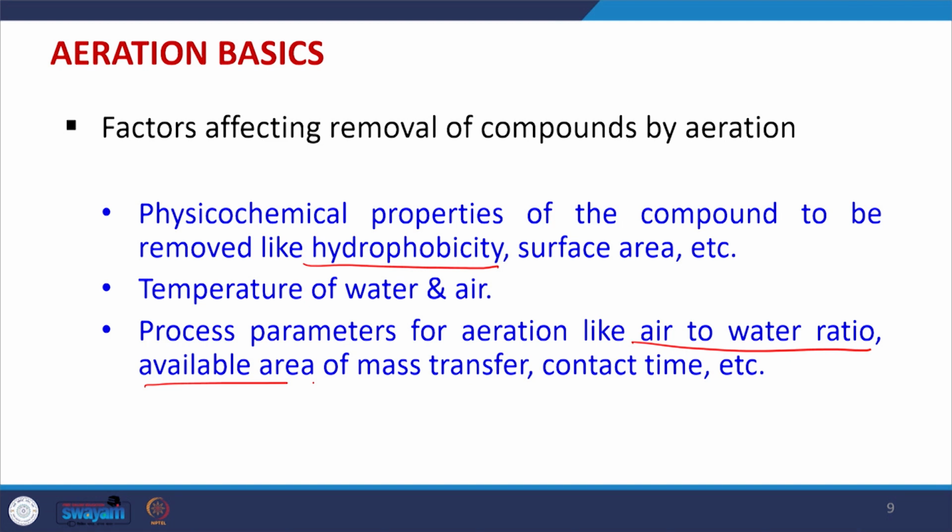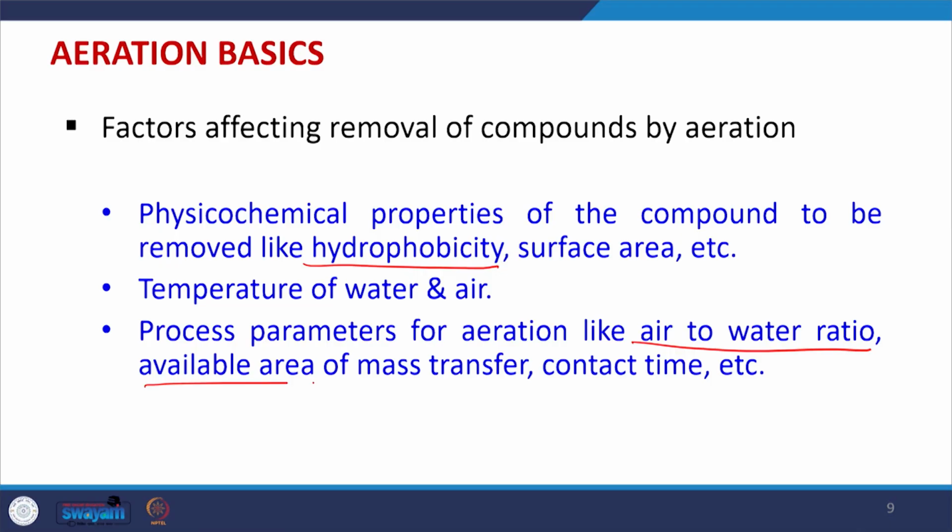Now, there are various factors which affect the removal of compounds by aeration. These factors include the physicochemical properties of the compounds to be removed, like the hydrophobicity of the compound. So, for the compound which has to be removed, its physicochemical properties including hydrophobicity, hydrophilicity, surface area, affect the overall aeration process.